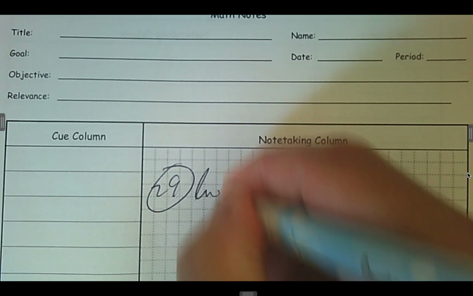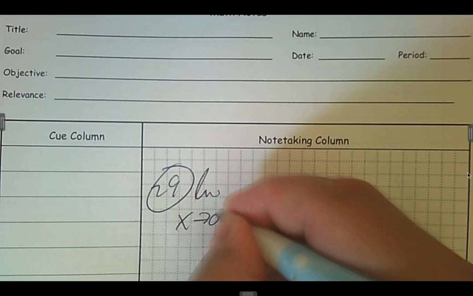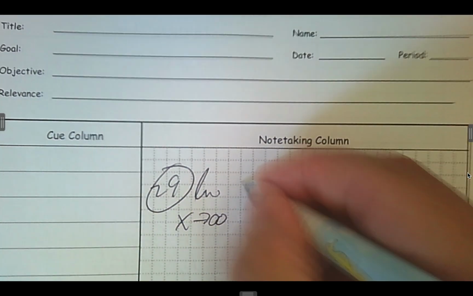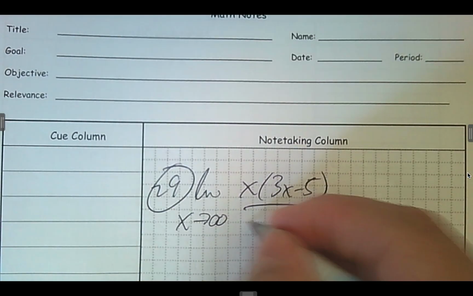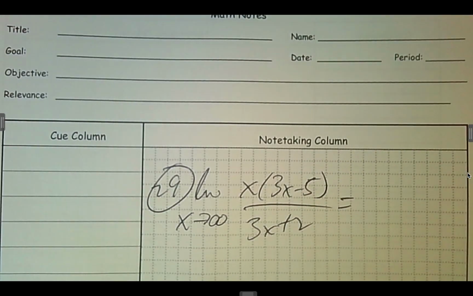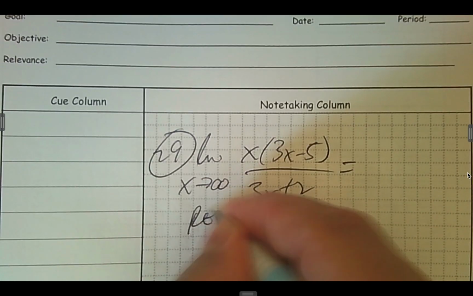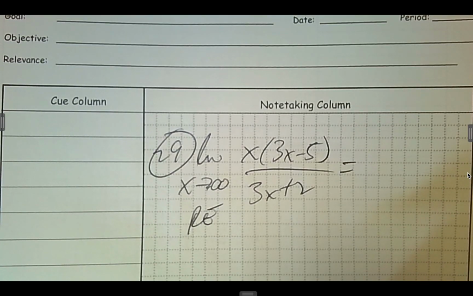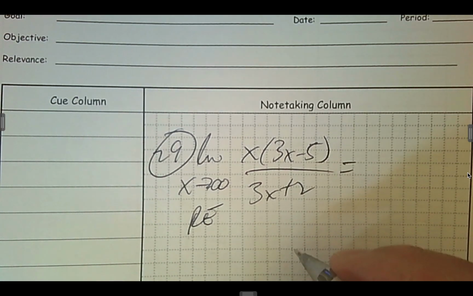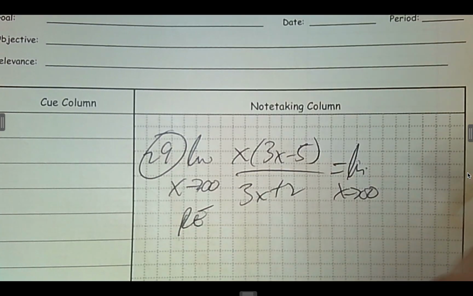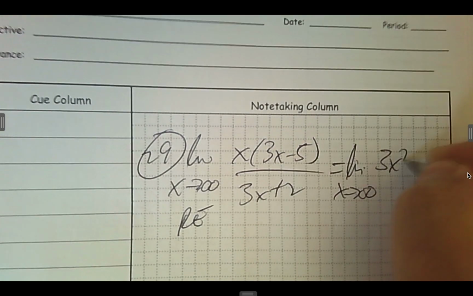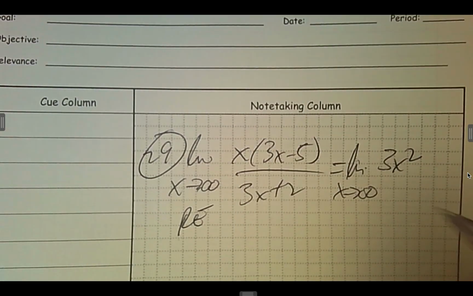Here we go. So 29, the limit as x approaches infinity of x, 3x subtract 5 over 3x plus 2. So this describes the right end. There's nothing that's removable. So let's go. The power term on top, if I multiply it through, is 3x squared.